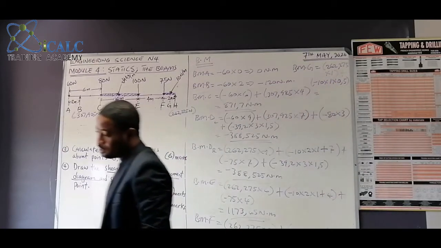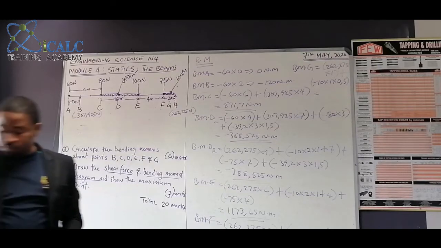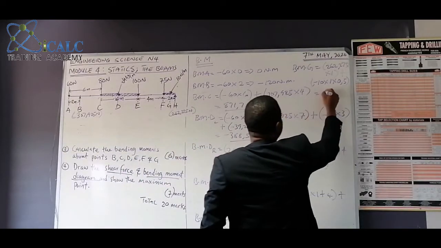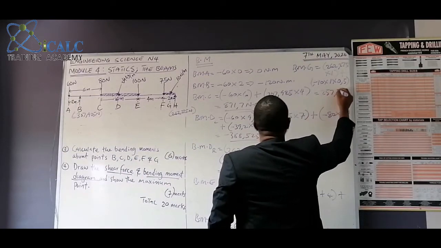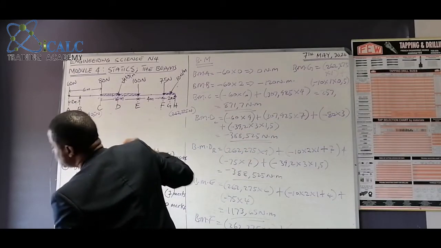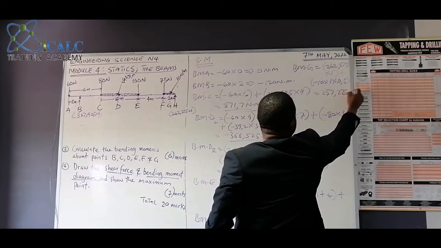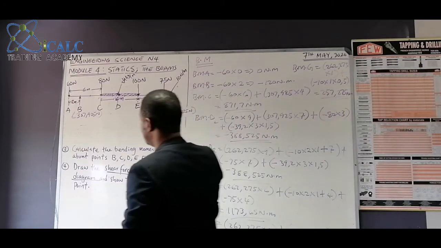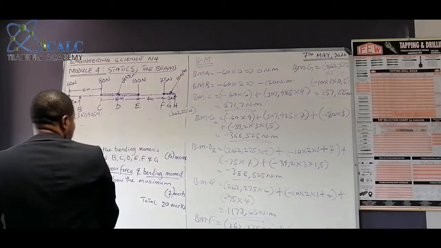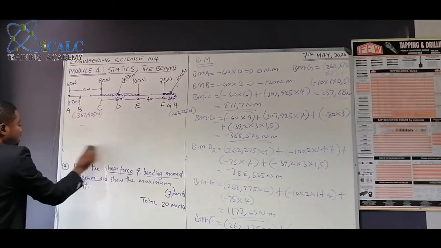Our BMG will give us 257.275 Newton meter. Okay, so we have calculated for all the bending moments.